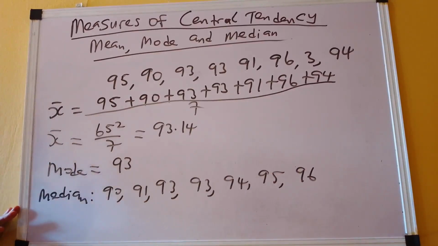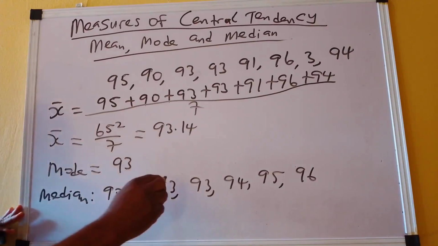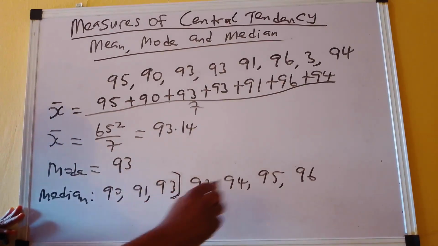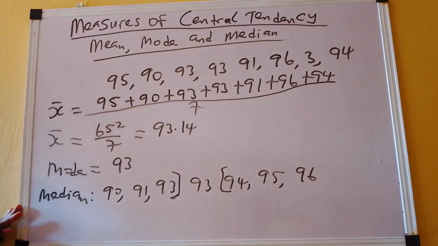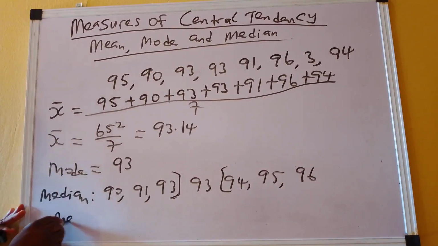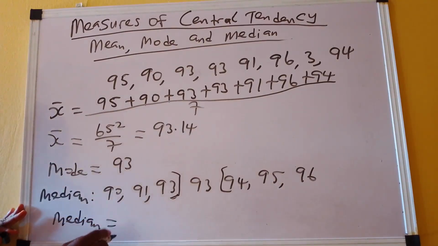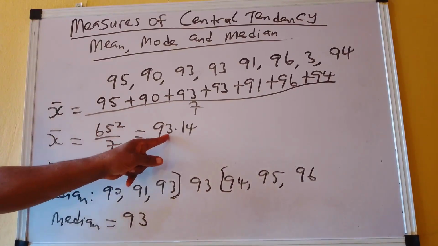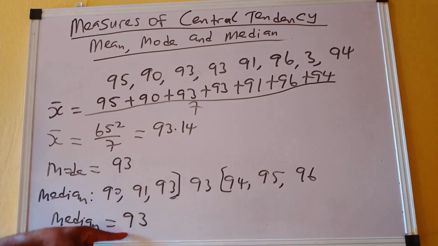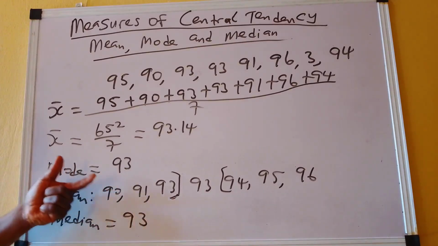It means it's an odd number, so you are going to have one value at the middle. You count 3 down here, 1, 2, 3. You count 3 from the other side, 1, 2, 3. Then the median is now 93. You can see that without the outlier, the mean is now close to the median and the mode. But the outlier shifted it.